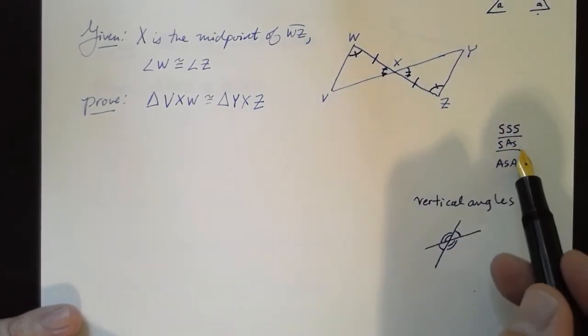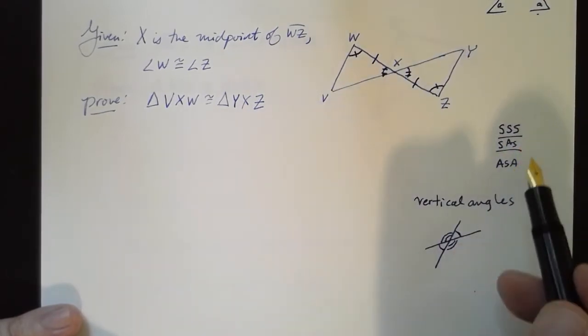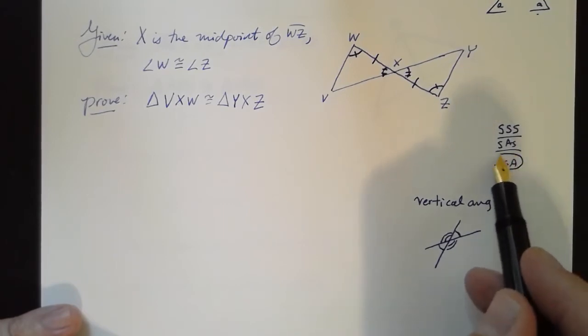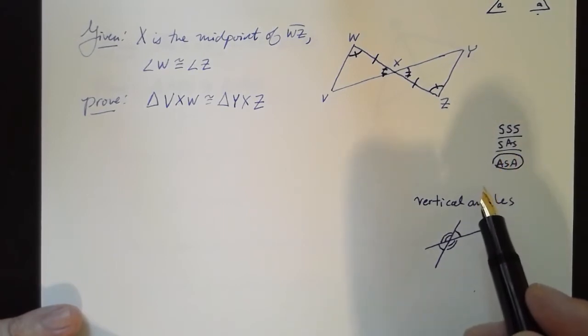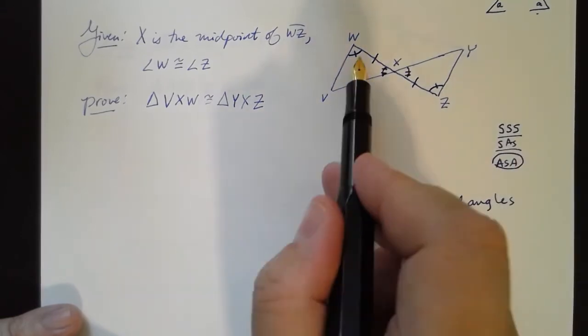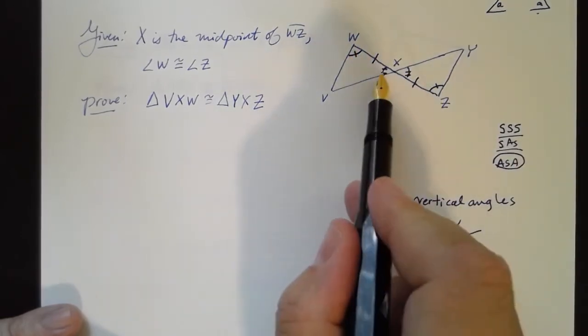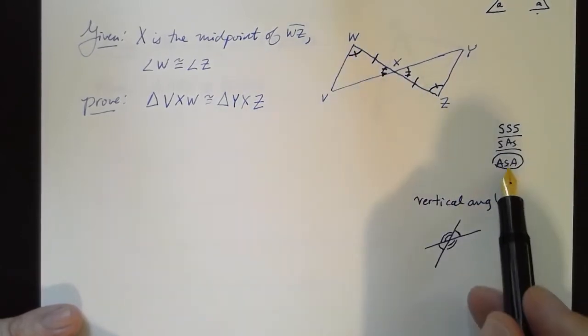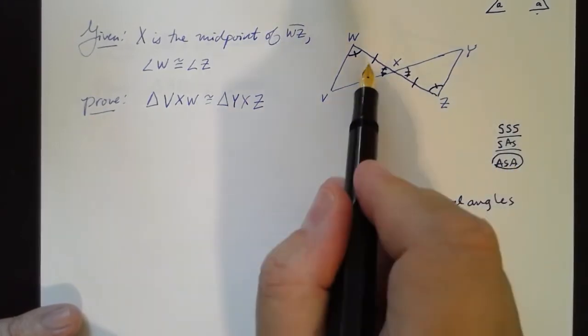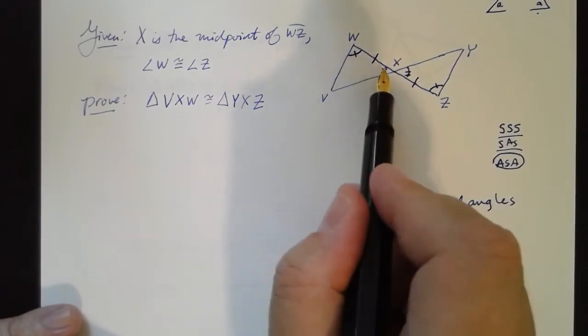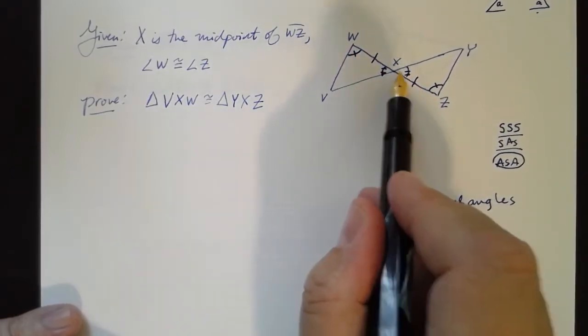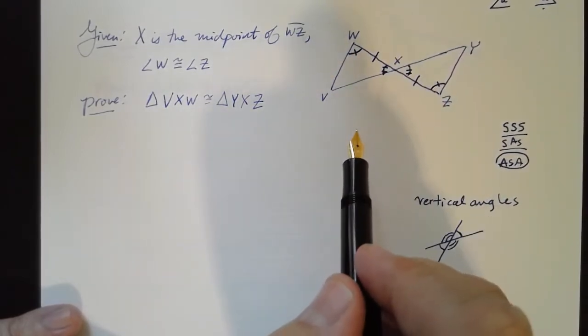So adding this to my diagram, now I can see I have 3 pairs of information, and I'm going to see which of these congruence patterns I formed here. I have 2 angles congruent. There's one pair. There's the second pair. And then the side that touches the 2 angles, that's why the S is between the 2 A's. The side that touches these 2 angles and the side that touches these 2 angles are congruent as well.